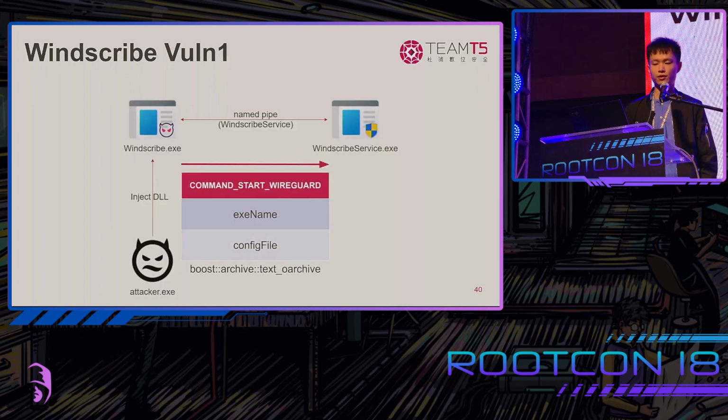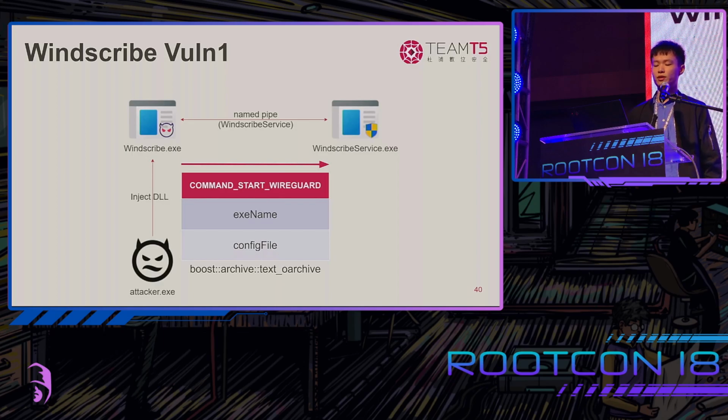As a NamedPipe server, WindscribeService.exe receives commands from the NamedPipe client and performs actions based on those commands. Since WindscribeService.exe is a high-privilege process, any action it performs after receiving a command is also run with high privilege. One of the commands is called CMD_START_WIREGUARD, which is a custom command defined by Windscribe.